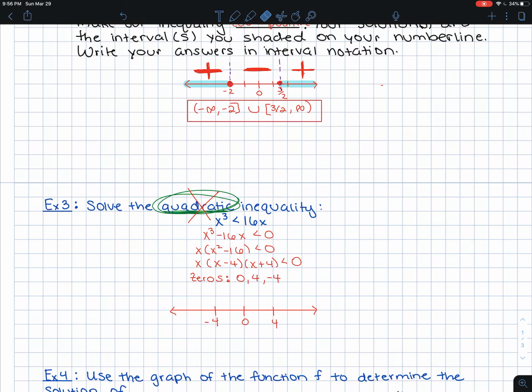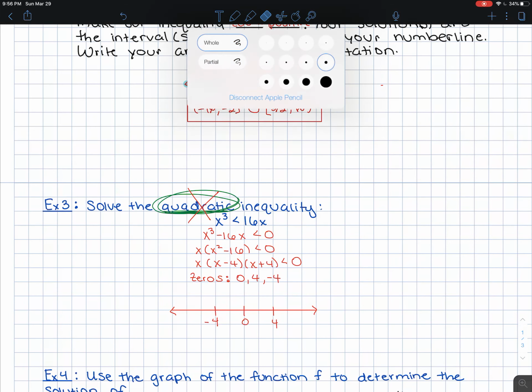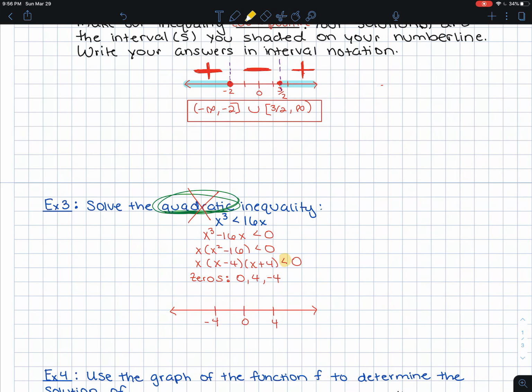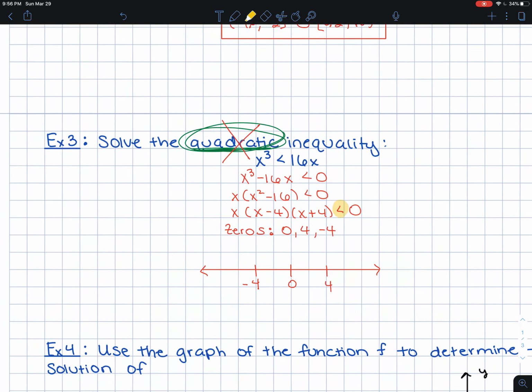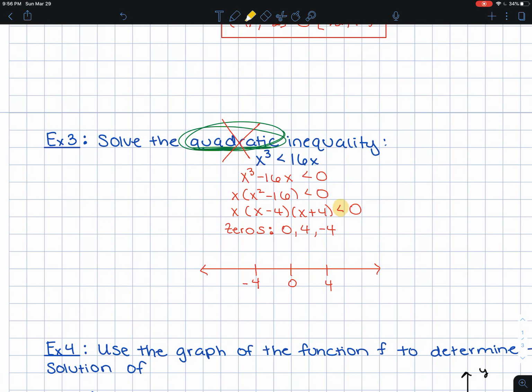Now, in this case, are we including our zeros? Yes or no? Well, if you said no, you are correct, because in this case, our inequality is less than 0. We don't have an equal to 0. If we had less than or equal to 0, then we include 0, 4, and negative 4 as part of our solutions.